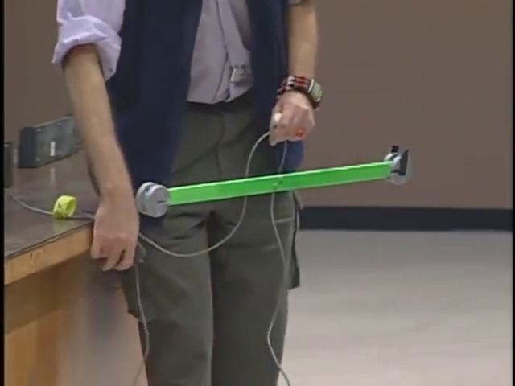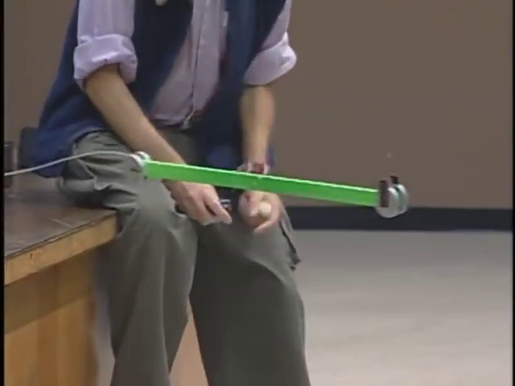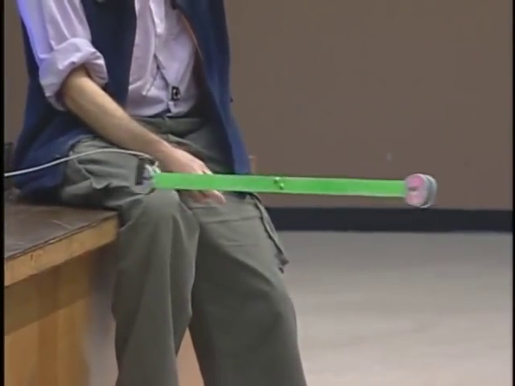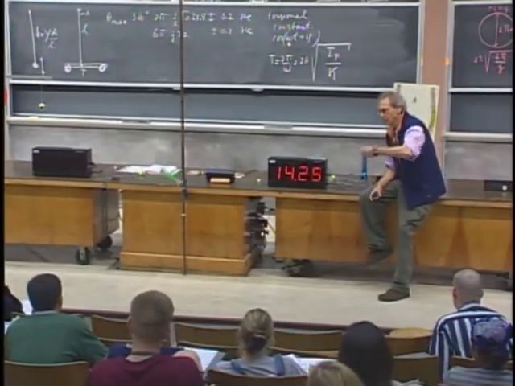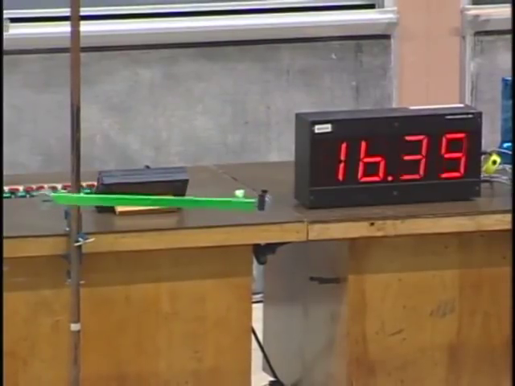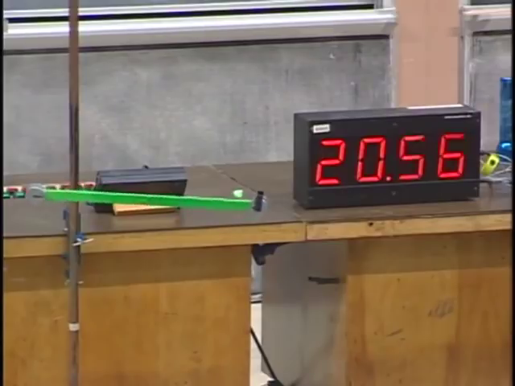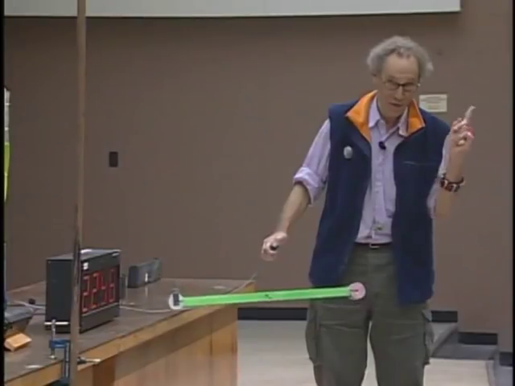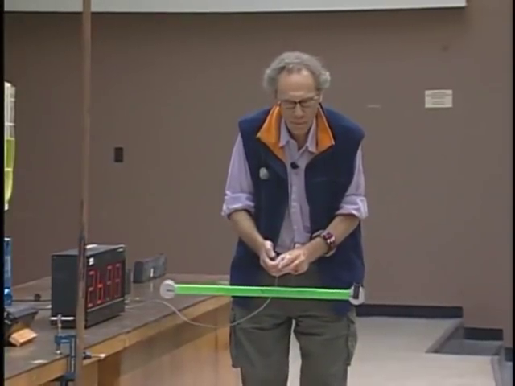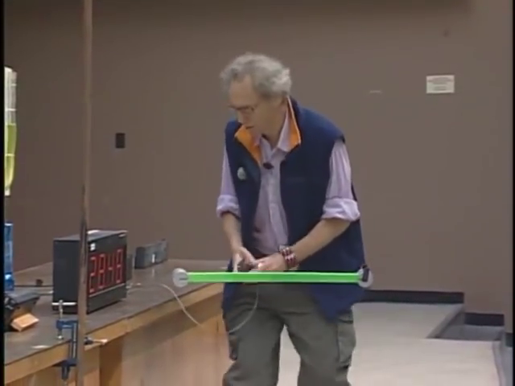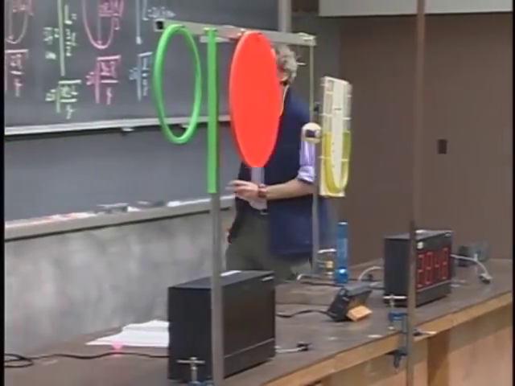So if you rotate it 3 times and then let it go, first 3 times back, then it's equilibrium, and then it winds 3 times up again before it stops. Notice it's going much faster now, but the time, that's the whole thing, should be very close to that number again. 28.5. Whew, not bad.